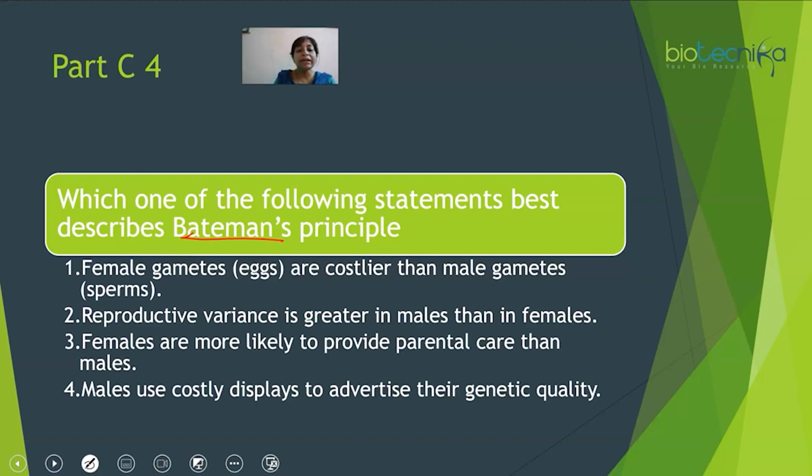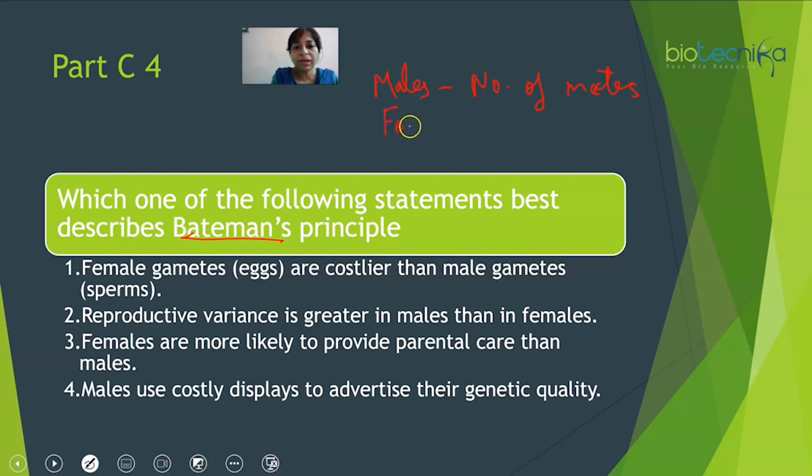So for males, the reproductive success is decided by the number of mates. The more females they inseminate, the higher their reproductive success.